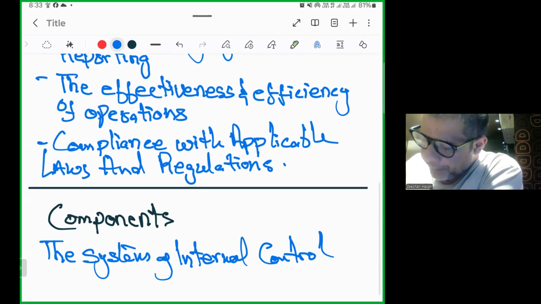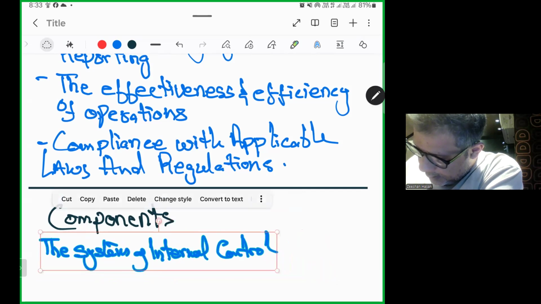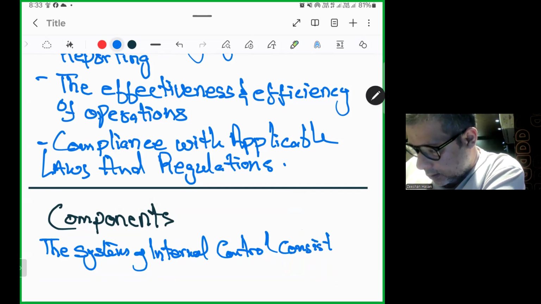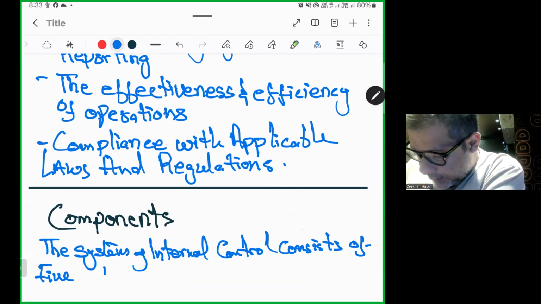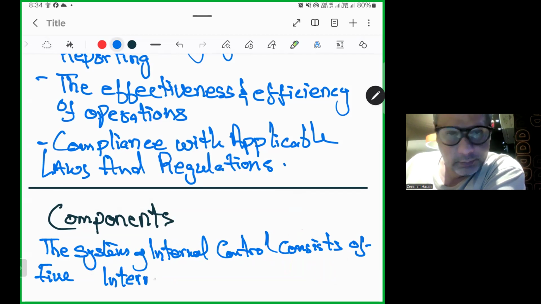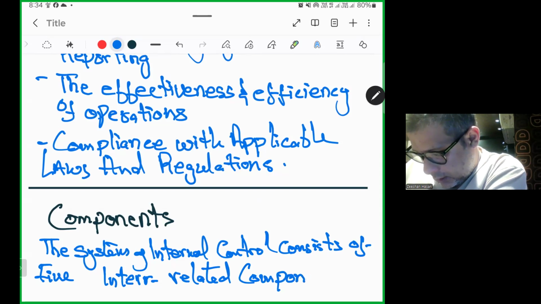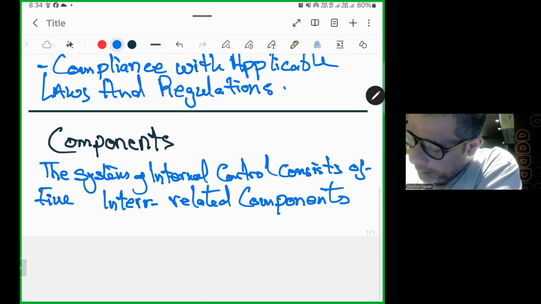Control, just a second. Control consists of five interrelated components. So, let's look at that.